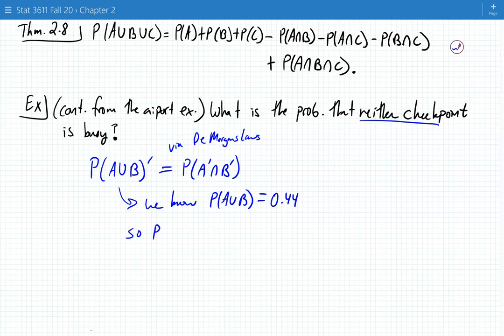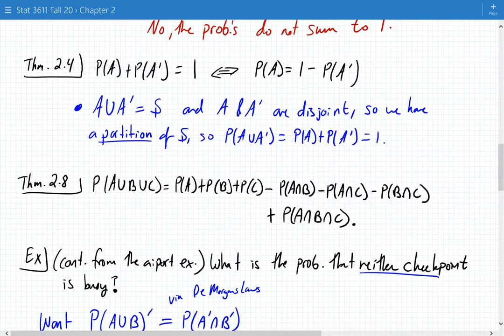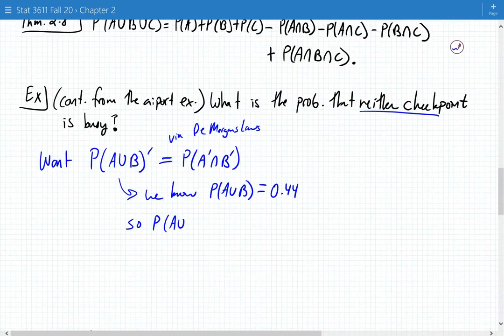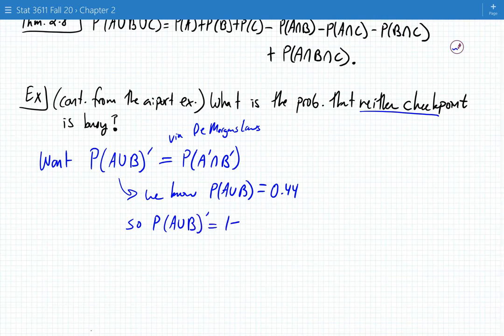So this is what we want. And so we can get that using theorem 2.4 here, 1 minus the probability of the complement event. 1 minus 0.44 is 0.56. 56% chance.